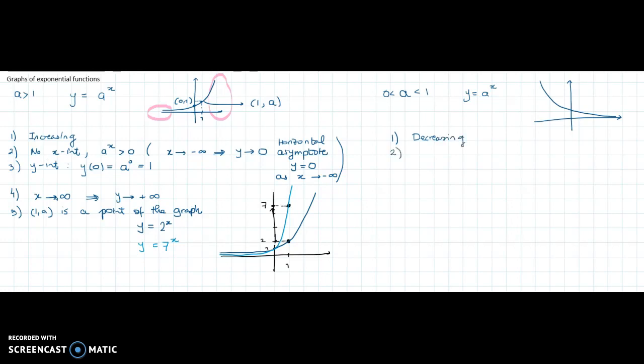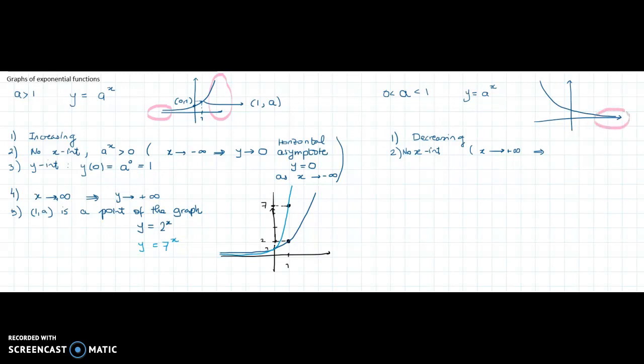For the x-intercepts, again, we have no x-intercepts. a to the x is always greater than 0. But over here we can see that when x gets really huge, so we say x approaches infinity, then we can see the behavior of the function over here. I'm looking at what's happening here.